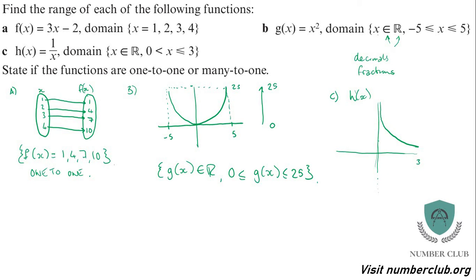That's for when x is equal to 0. When x is greater than 0, and all the way up to 3, and anywhere further along than that, it is defined. There's a value that you get. So, that restriction on the domain for h of x has meant that this is a function.